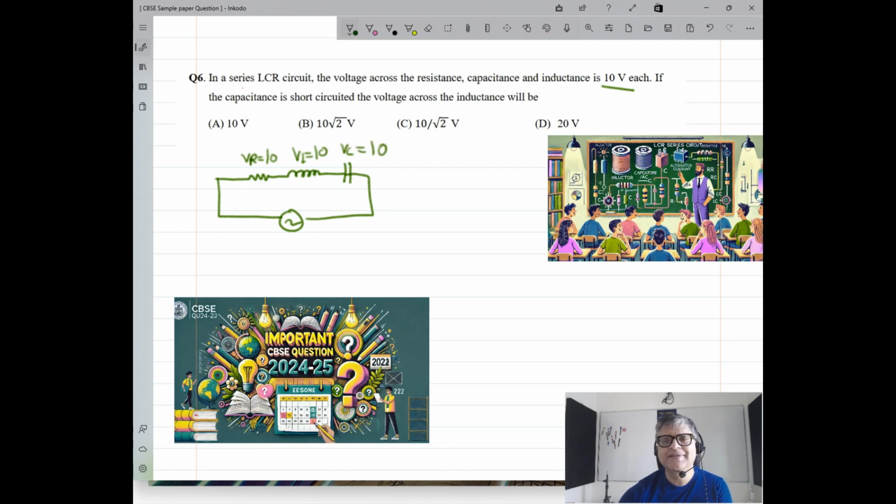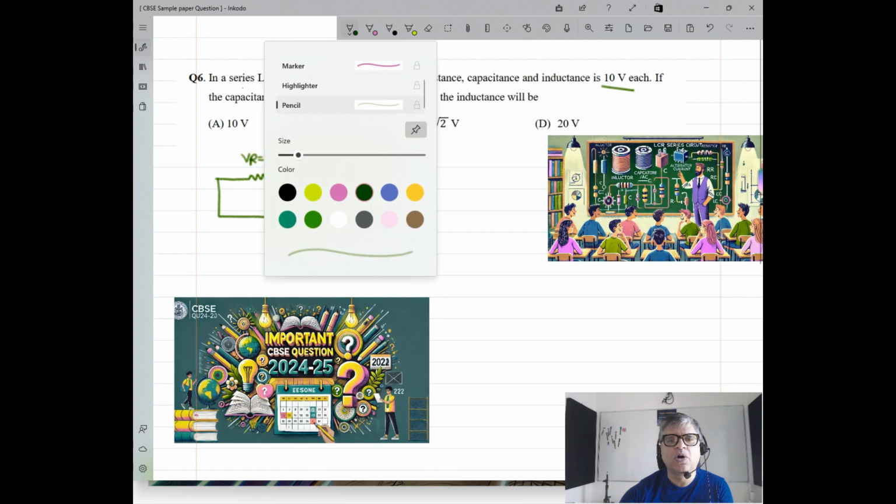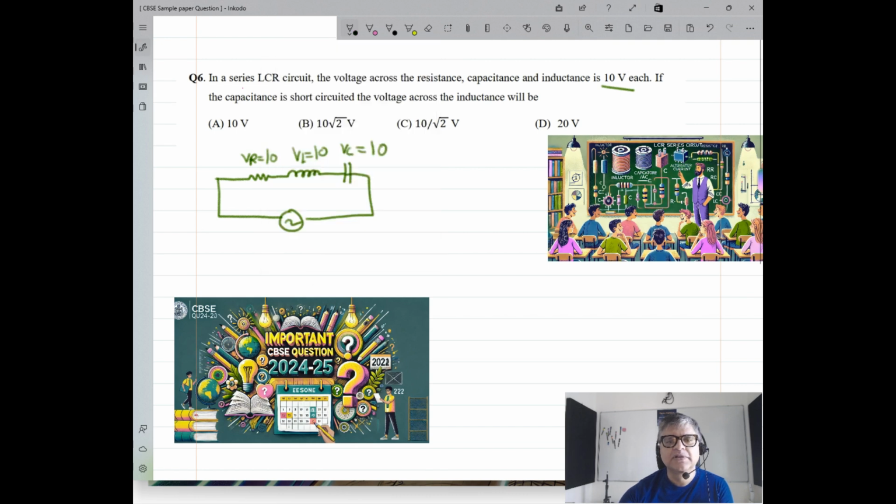If I see the problem from the point of view of a phasor diagram, this is my VR, the VL is this, and my VC is in the downward direction.